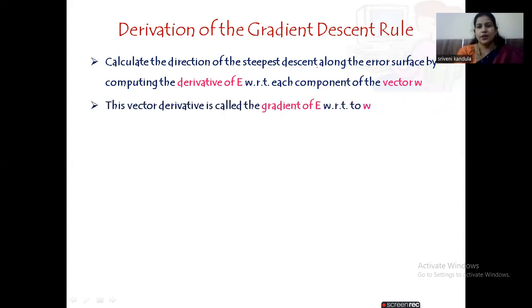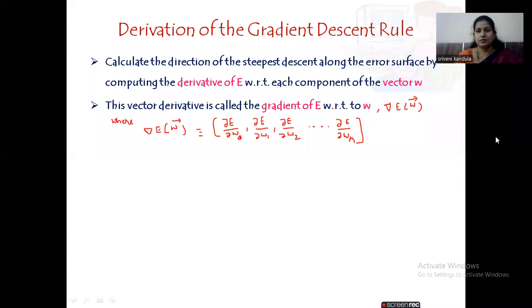So this vector derivative we call the gradient of E with respect to W, and we can write it as ∇E(W). Here W is the weight vector, and we put an arrow on it to show that it is a weight vector.